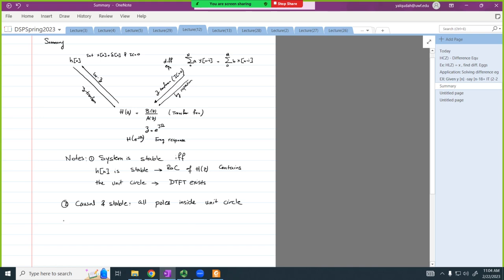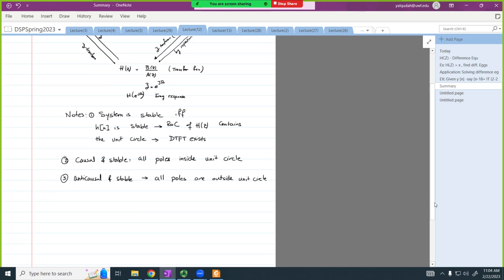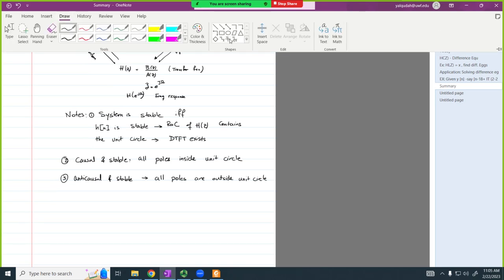And if the system is anti-causal and stable, then all poles are outside the unit circle. Make sense? Anti-causal and stable.